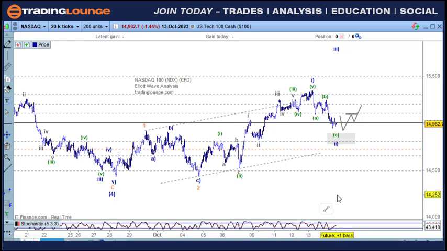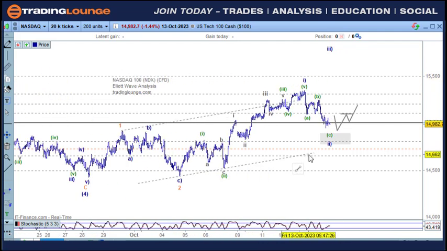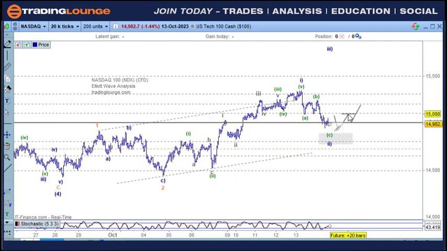I always know that I need to be a little bit patient and not fearful when it comes to working around large numbers. So this little effort that I mentioned here about coming below the level and then finding support on the level, well, this is actually a bigger picture of this here, where it comes below the level, comes back up above the level, so that would be this high here, and then coming back and testing the level again.